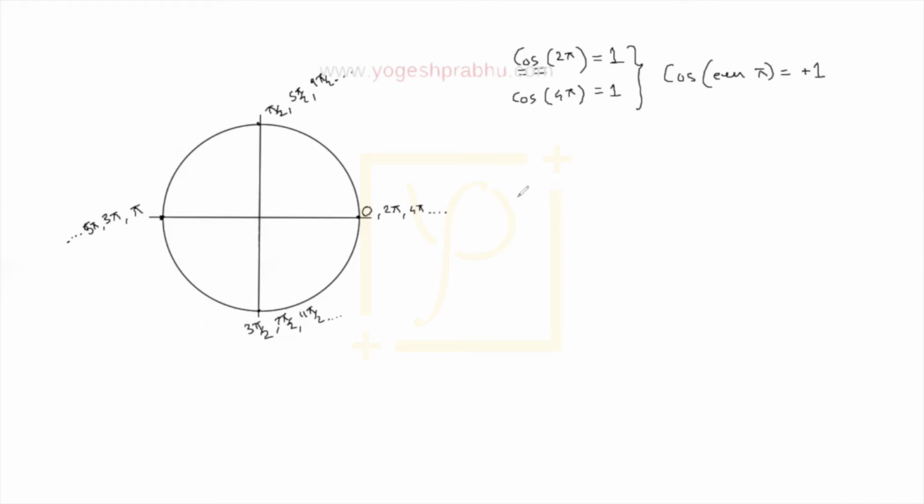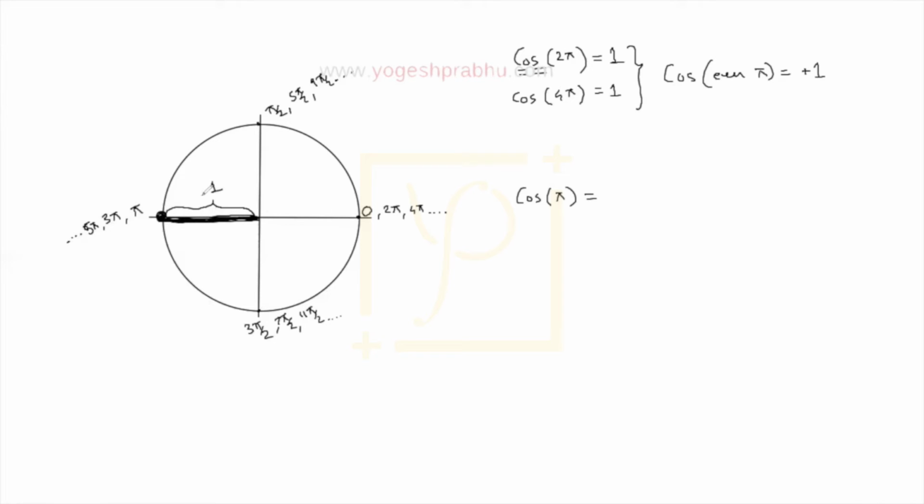Now tell me the next one. What if I want to find cos of pi? First figure out where pi is. The pi angle is over here. When you want to find cos of pi, it is a horizontal measure. So measure horizontally over here. This value is 1, but I hope you understood it is going in this direction, and x is negative in this direction.